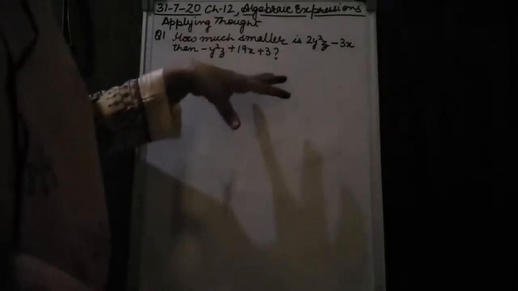Easy way to remember: if smaller is written over here, this is the smaller expression. If larger is written, this expression is larger. So from the bigger you are going to subtract the smaller. Now this one is bigger, so you subtract the smaller here, and the difference that you get is how much smaller it is than this.